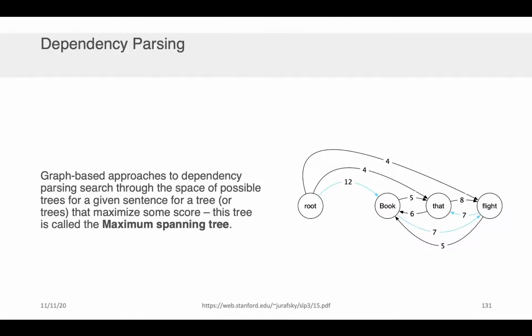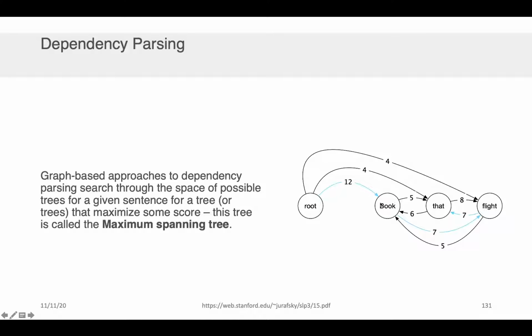Now, the second thing that I want to touch on just very briefly, and we're not going to go into a lot of detail about it, are the graph-based approaches for dependency parsing. Effectively, the way that these graph-based approaches deal with the problem is they treat, just as we did before, each of the words as a node, and they assign a score that says something about the potential dependency between each of the words inside of the sentence and each of the other words.